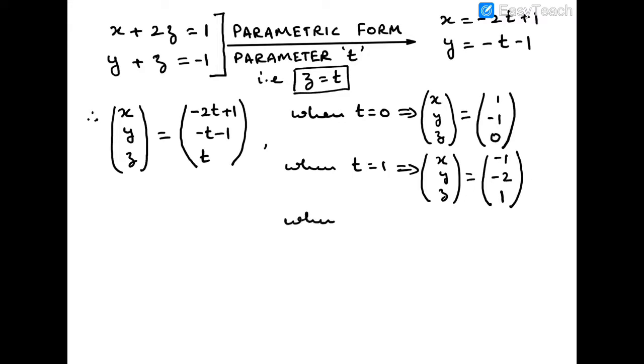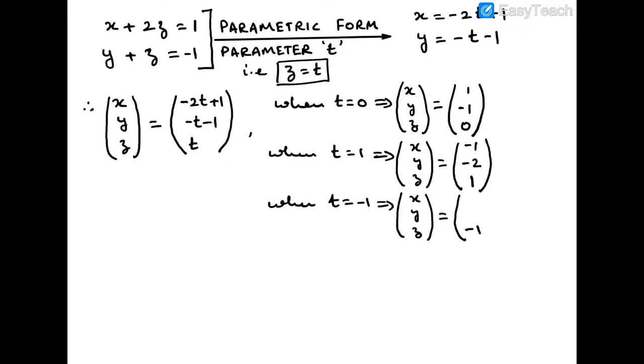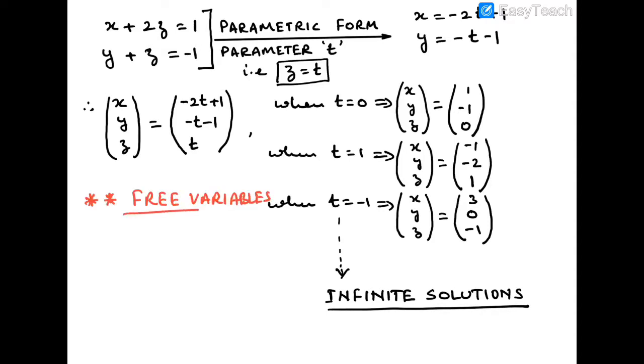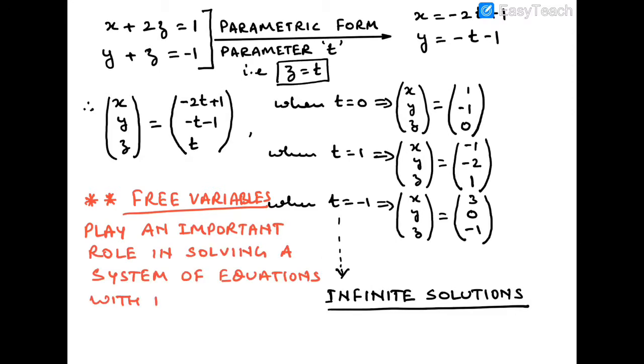And when t is equal to minus 1, then X, Y, Z is equal to 3, 0 and minus 1. And we can substitute as many values as we can to get infinite solutions. So free variables play an important role in solving a system of linear equations with infinite solutions.